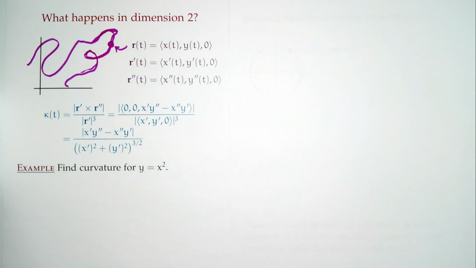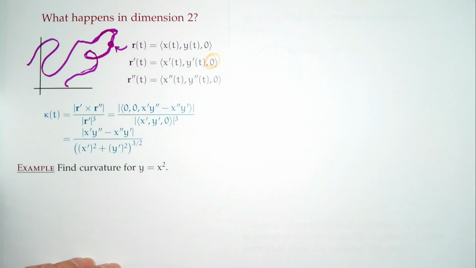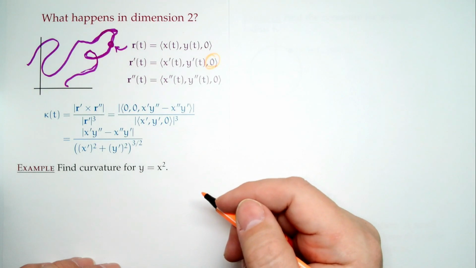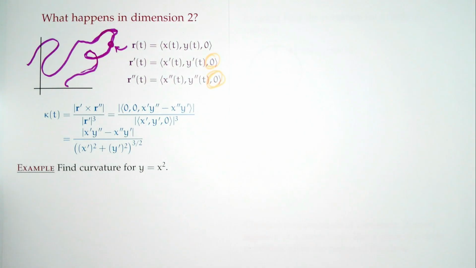Or where could it live? It's in the xy plane, because there's no motion up and down. Where is r double prime? It's the same reason. I can set it inside of the xy plane. So both r prime and r double prime are in the xy plane.